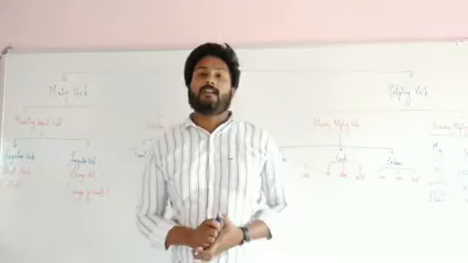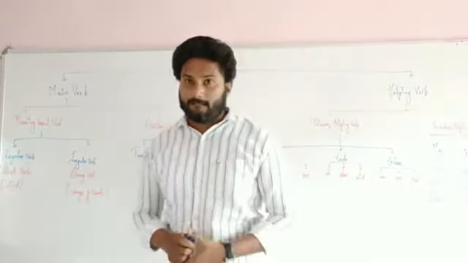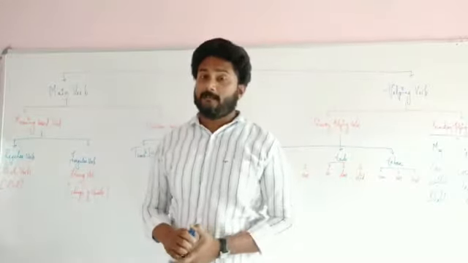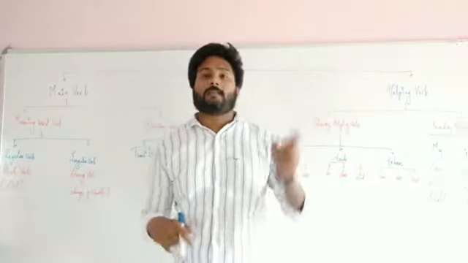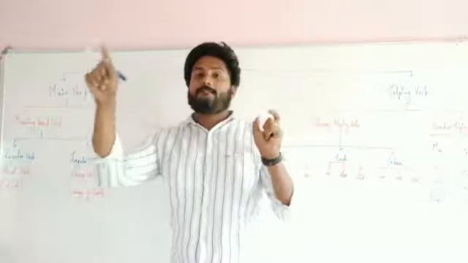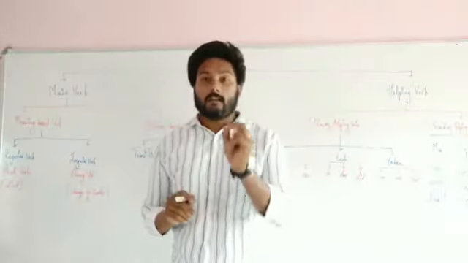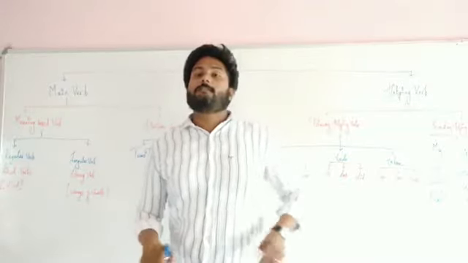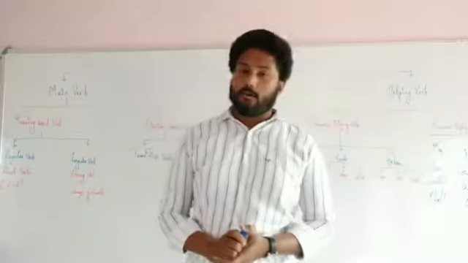For example, if you take the word catch, in the second form it will be caught, and the third form will also be caught. See here, in the second form it changes the vowel. Like this, the change of the vowel is known as a strong verb.